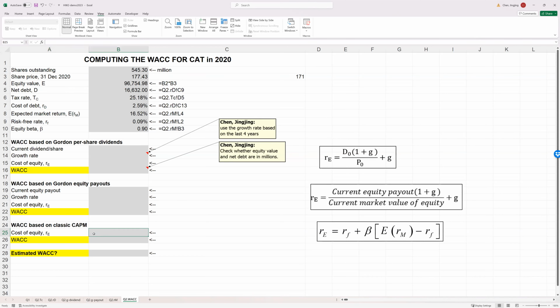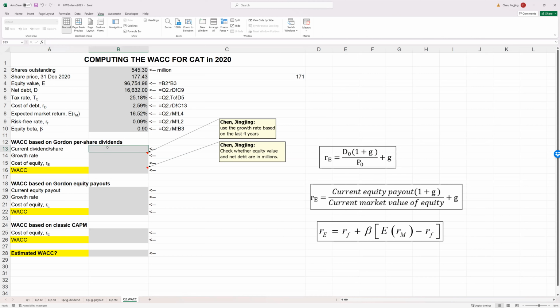So we use different terminology interchangeably: cost of equity is also the expected return of investors, and also the required rate of return of investors. We have three different models here, and the calculation of the weighted average cost of capital is just a weighted average. So we are just changing the cost of equity when calculating the weighted average cost of capital.